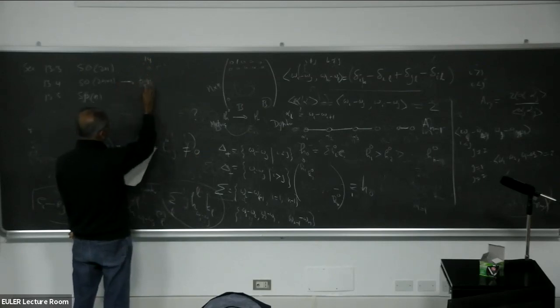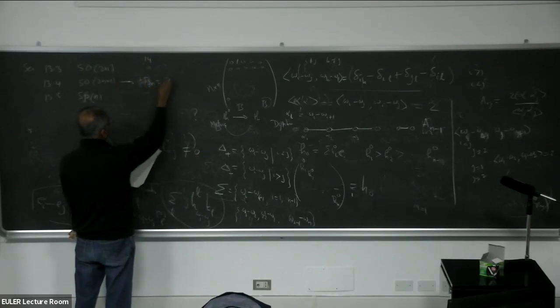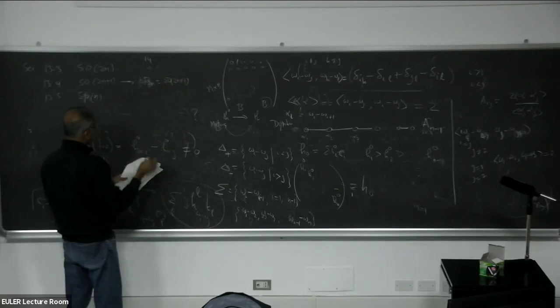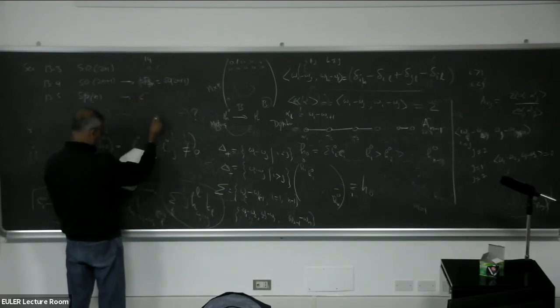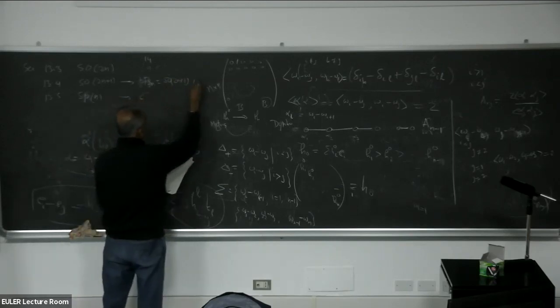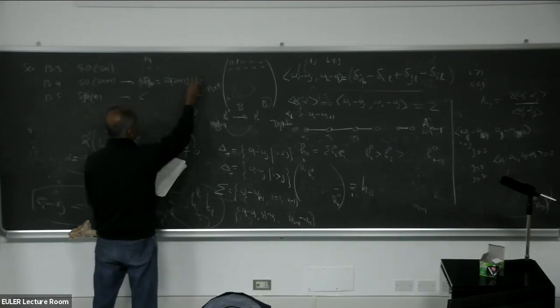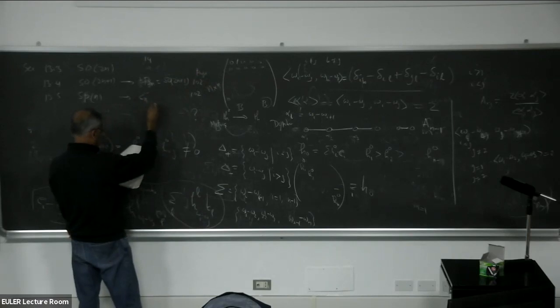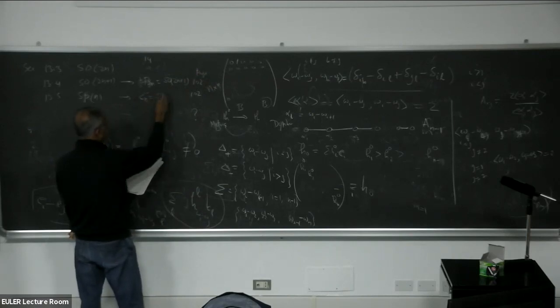It is actually titled D_N, SO(2N+1). And C_N, this was the C_N. So this is on page 102. And C_N, which is Sp(N).